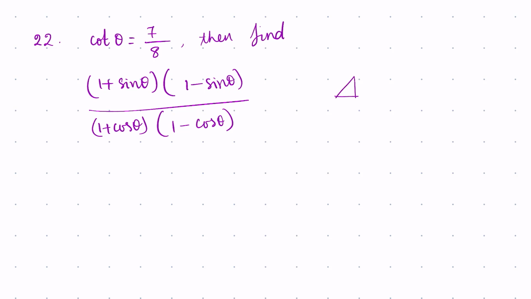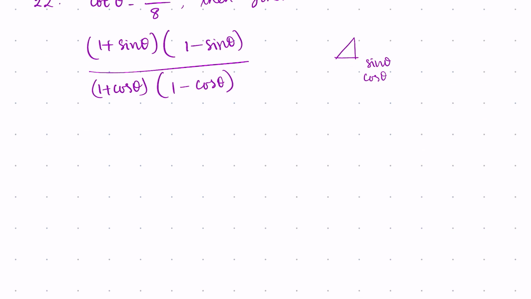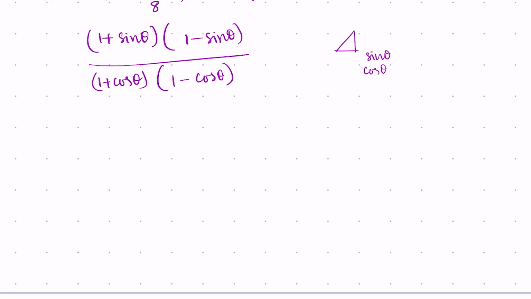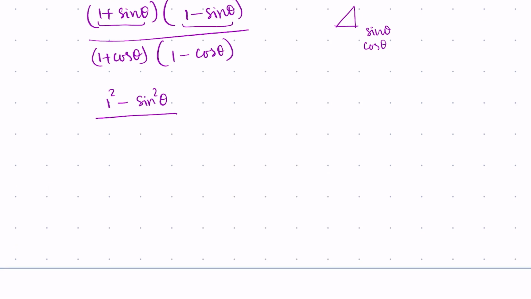Draw a triangle and then try to find sine theta, cos theta, and then substitute. But that would take a lot of time and it's unnecessary, because let me show you how to do it simpler. So this is a plus b times a minus b. So you can just write a squared minus b squared, right? Similarly, for the denominator, you could write a squared minus b squared. Now we have 1 minus sine squared theta divided by 1 minus cos squared theta.